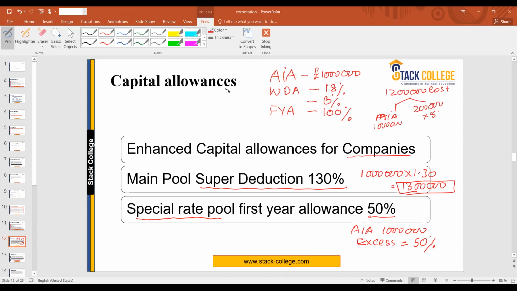We will claim 50% of 200,000 as the special rate pool first year allowance. So the total allowance against the special pool item is 1 million plus 100,000, that is 1.1 million in this year. But remember one very important thing: if you have claimed the special rate pool first year allowance of 50%, then there will be no WDA available against that asset in this particular year. From the next year, we will start claiming WDA on the special rate pool item.